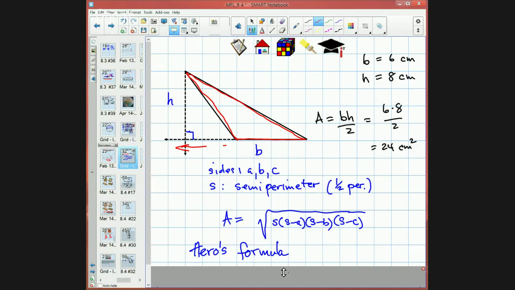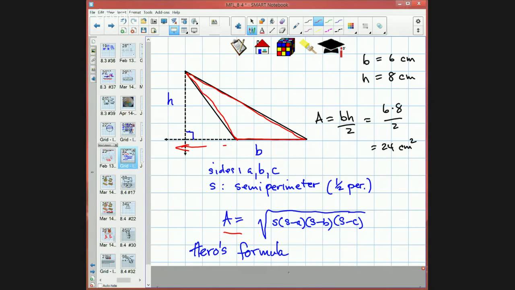I'm just going to show this to you. You don't have to put this blue stuff down on the bottom, but it's really clever. I've always been intrigued by this. If you don't know the base and the height, could you find the area of a triangle if all you knew were the 3 sides? And the answer is, thanks to Hero, yes. This is called Hero's formula. If the sides of the triangle are A, B, and C, and you just add them up and cut that in half, that's called a semi-perimeter.